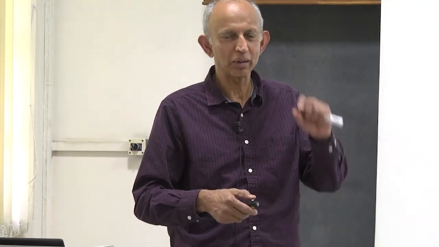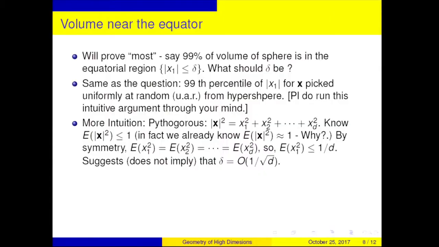Because we saw that most of the volume, I mean, it's not completely a proof. You have to sit and work it out. But that probability was falling exponentially, so you should be able to integrate to get 1 minus 1 over d. In fact, the expected value of x squared is 1 minus c over d for a particular constant c. You can work that out. By symmetry, the expected values of the x_i squared must all be equal, so each of them is 1 over d.